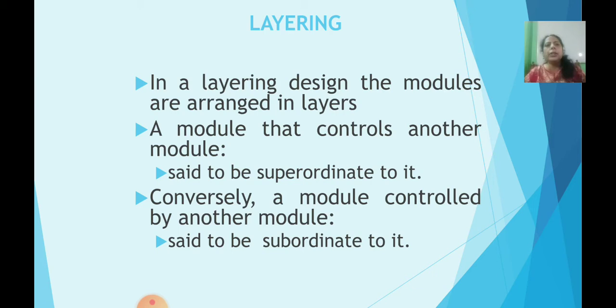A module that controls another module is said to be superordinate to it. Conversely, a module controlled by another module is said to be subordinate to it, meaning the called module. The main module is called superordinate and the called module is called subordinate.